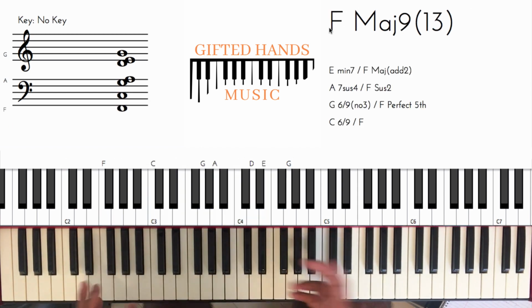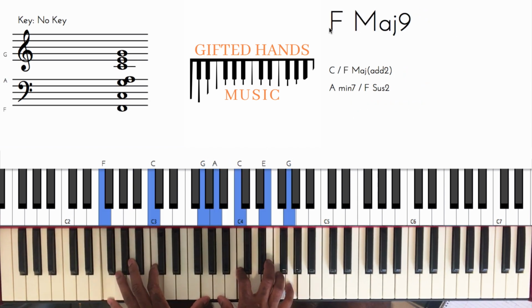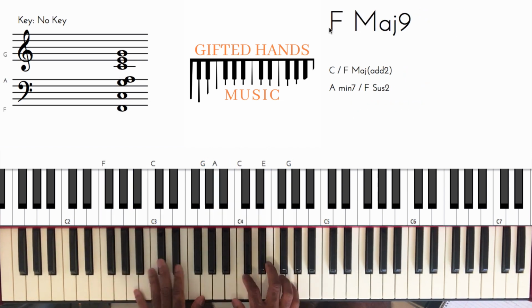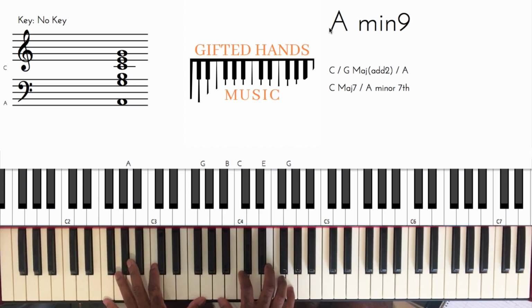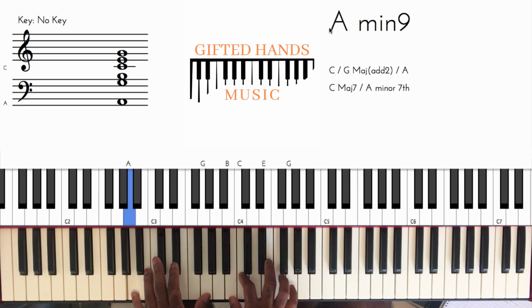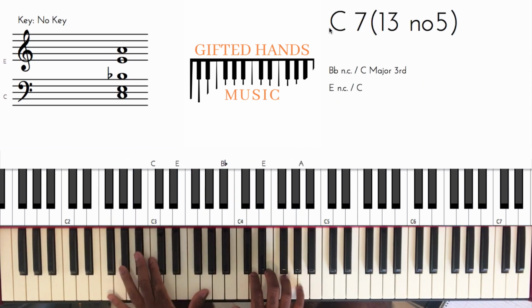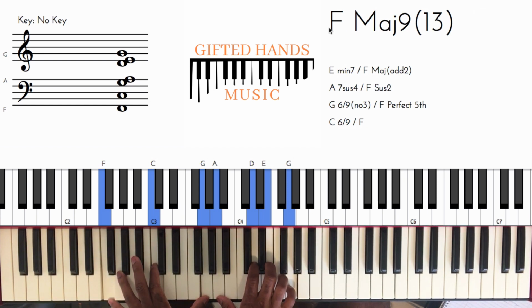Let's say we're starting on the 6 and we're trying to go to the 4. Instead of going straight from A minor to F major, what you can do is go from the 6, and I call this a 2-5-1.